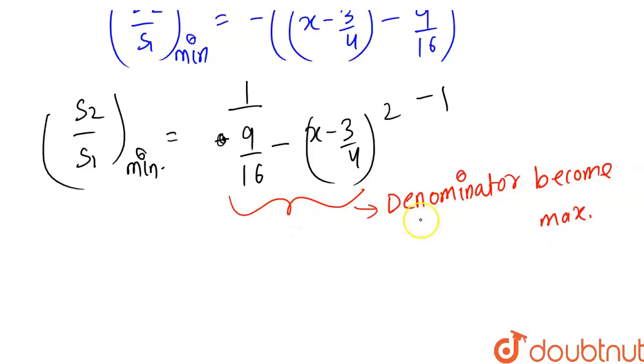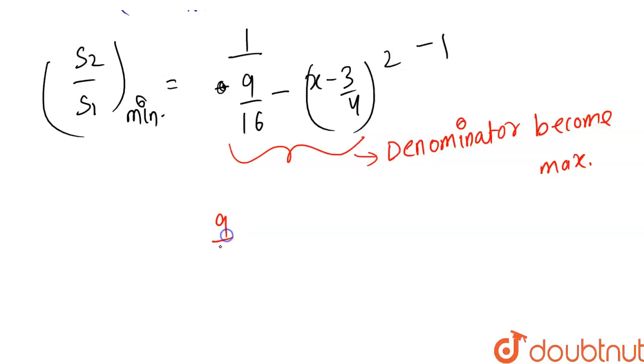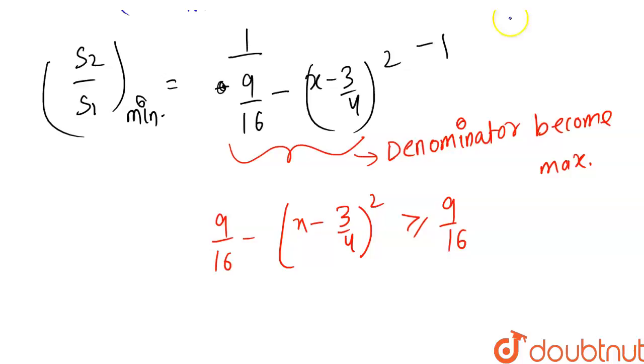And the maximum value of the quadratic: 9 upon 16 minus x minus 3 by 4 whole square is always less than or equal to 9 upon 16. So the maximum value is 9 upon 16, right?